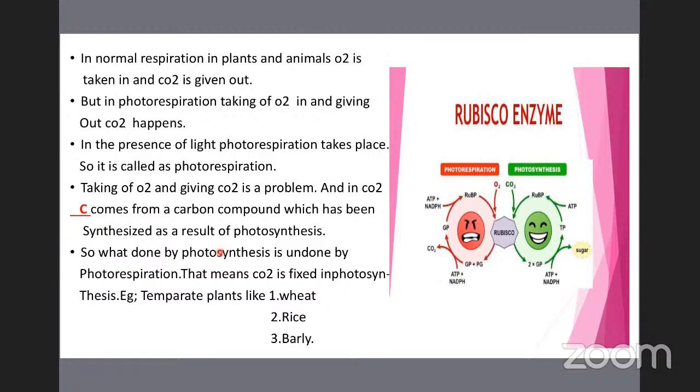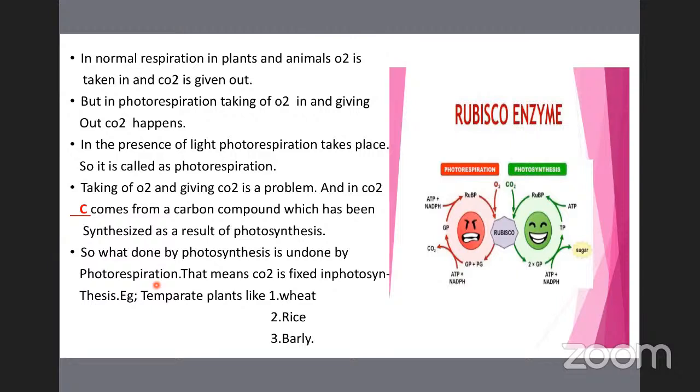That means in photosynthesis, CO2 is fixed, glucose is synthesized and oxygen comes out. Whereas in photorespiration, oxygen is coming in and CO2 is coming out. So whatever CO2 is fixed during photosynthesis will be utilized in photorespiration. That's why it is stated that whatever is done by photosynthesis is undone by photorespiration.